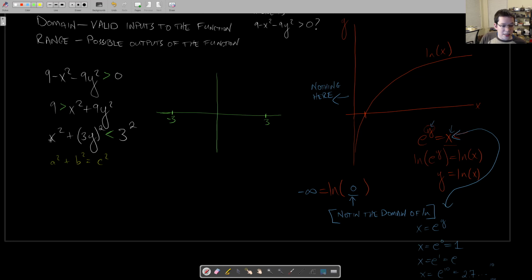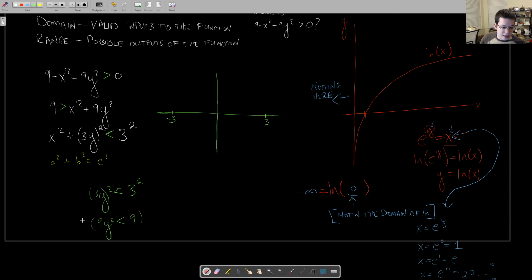Now set x equal to 0, and then 9y squared is less than or equal to 3 squared. And we have 9y squared less than 9.